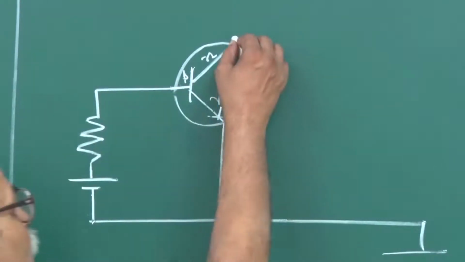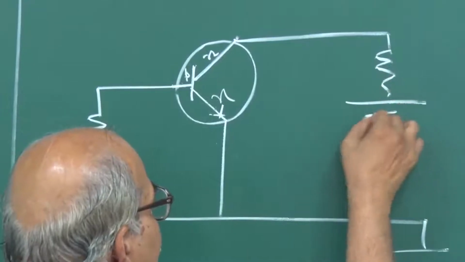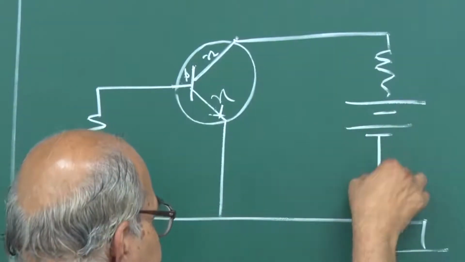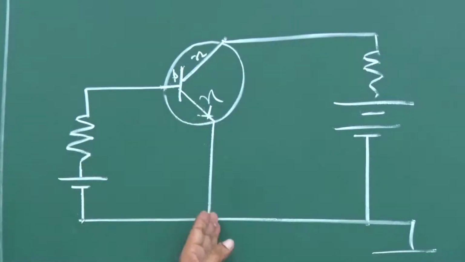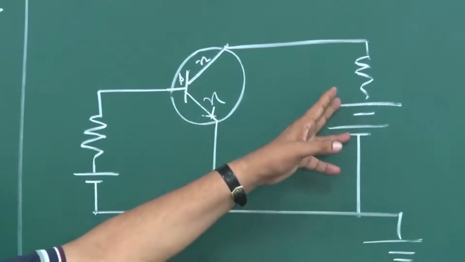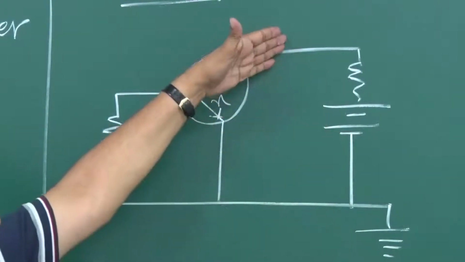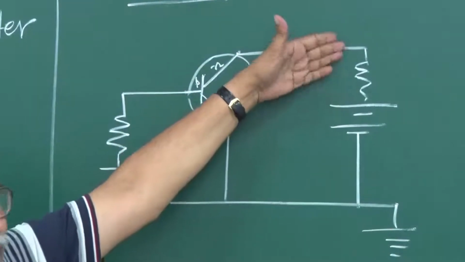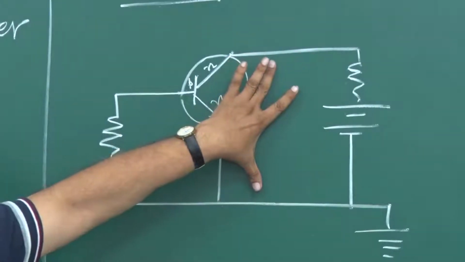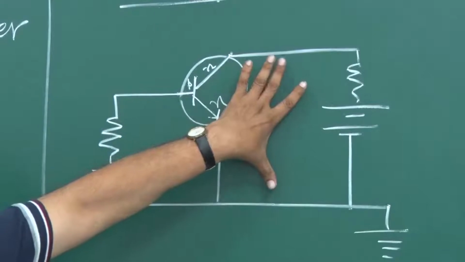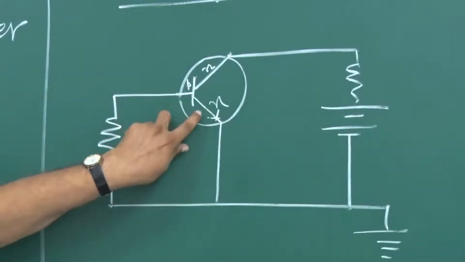So, you have to add the positive of the battery here, like this. And this should be large enough, so that this is reverse biased, because there can be a current drop across this resistor, and that can actually reduce this voltage. But this voltage should be positive and more than the potential that is dropped here.